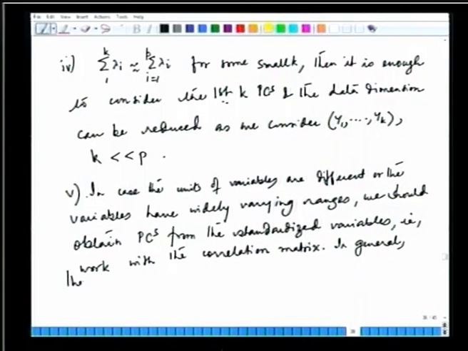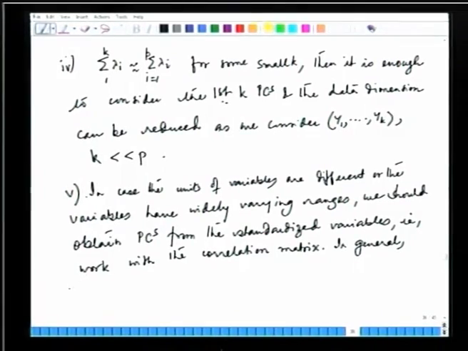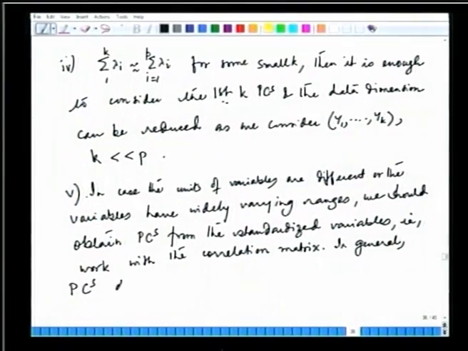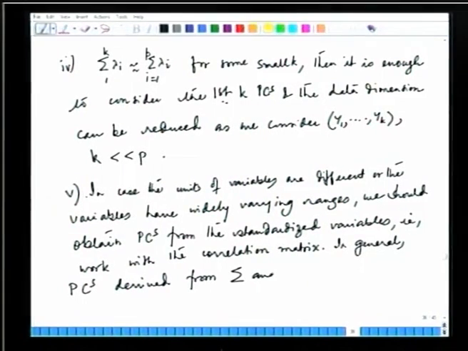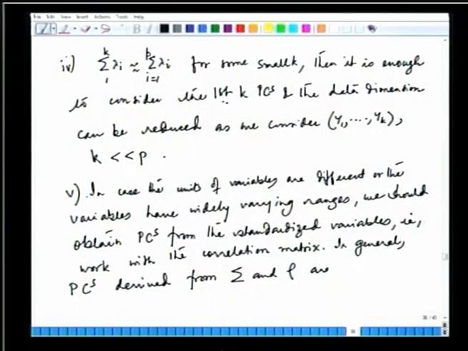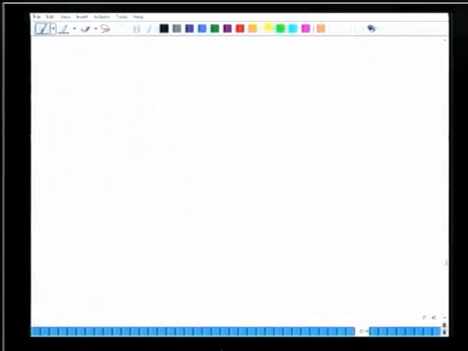The PCs derived from sigma and rho are different, right? And now we consider calculation of principal components from the correlation matrix.